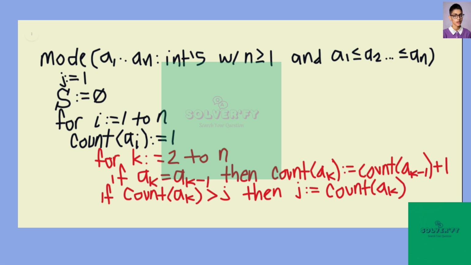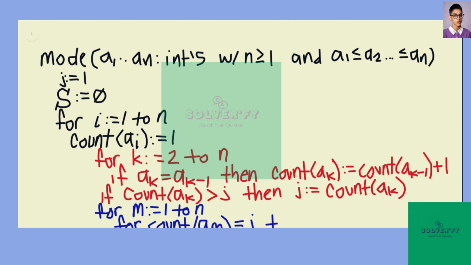Okay, and so once we've done that, then we'll say, well, for m as it runs from 1 to n, for all the elements whose count is equal to j, then we want to add that to our list of modes that we started, right?